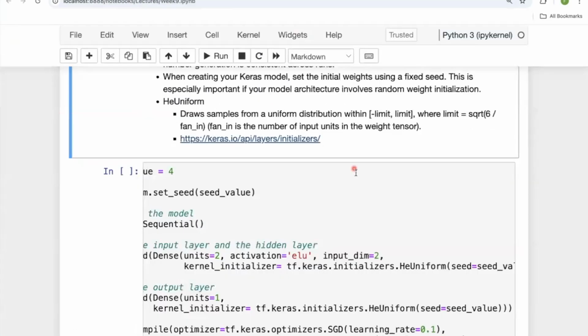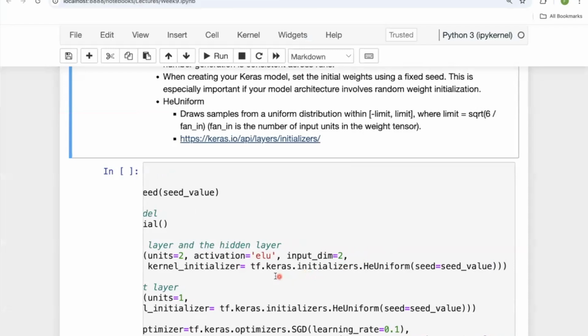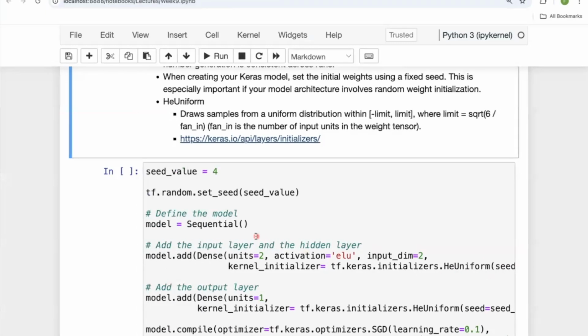The nice thing is that if we explicitly say what kind of initializer we want, there's also a way of setting the seed for the random number generator. In this case, we can, for example, set that to a number. I chose 4 here. The other thing you can do to make sure that everything in TensorFlow is done, to the degree possible, the same way, is to set the random seed for TensorFlow.